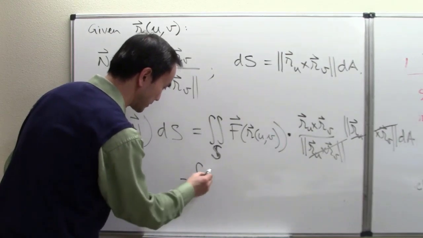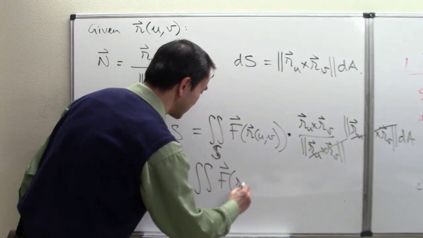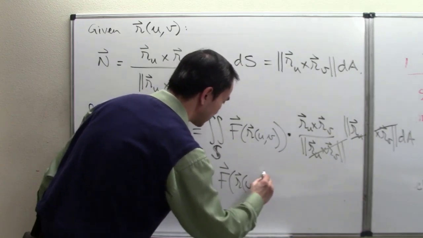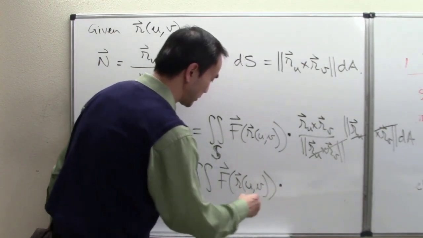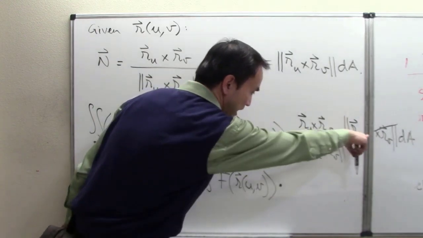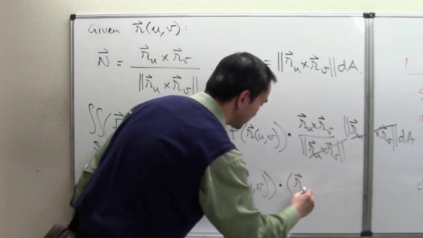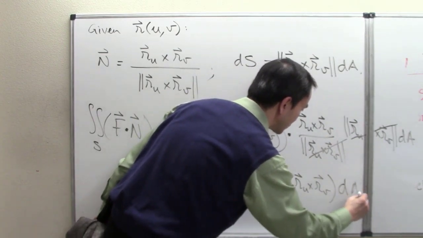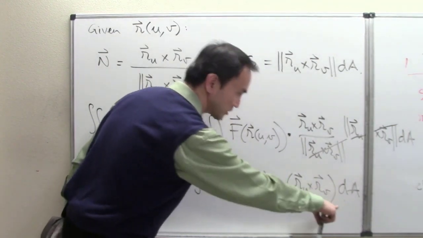So our surface integral now becomes a surface integral for the vector field evaluated at the points defined parametrically, or r of u comma v. So the vector field evaluated at each point r of u comma v, and then we take a dot product with the remaining vector after canceling, which is r_u cross r_v as a vector, multiplied with dA. So it's a dot product still, multiplied with a dA expression.